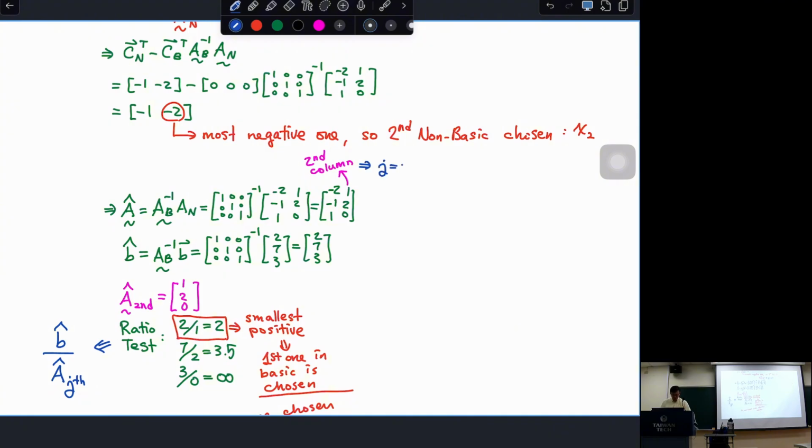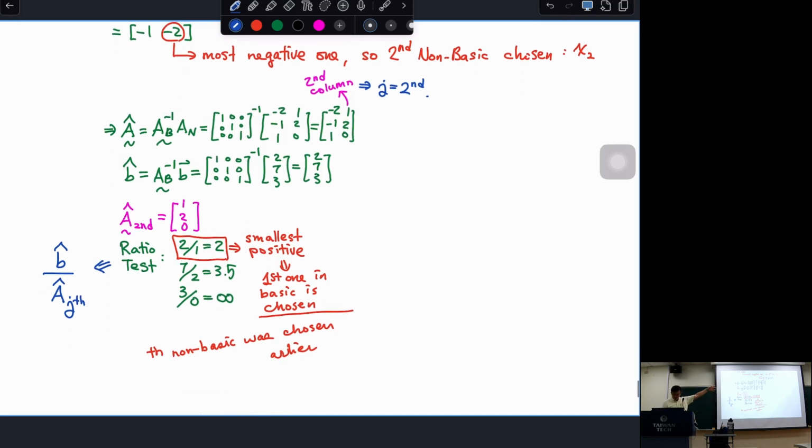So you pick up the second column. Then you did the ratio test, and because the first coefficient shows the smallest positive value, the first one in basic is chosen.